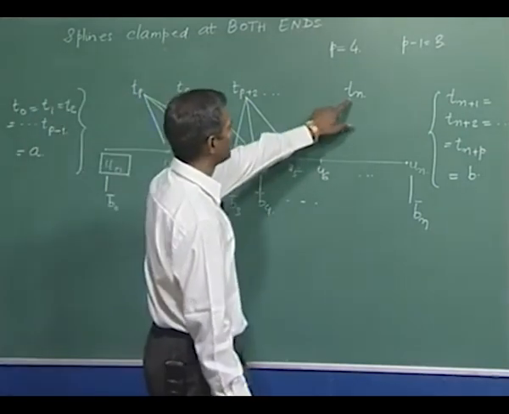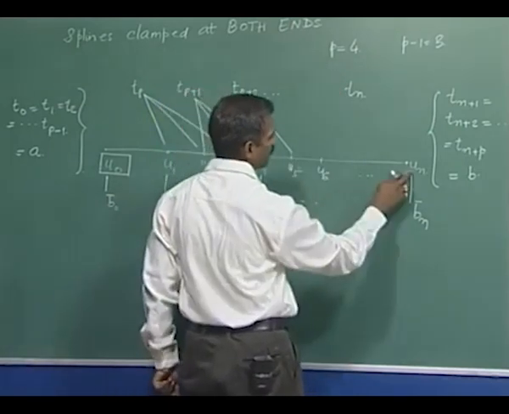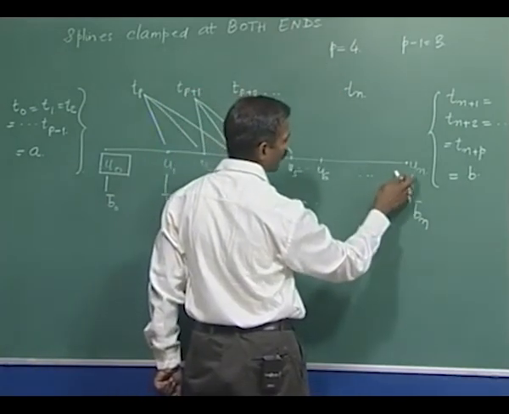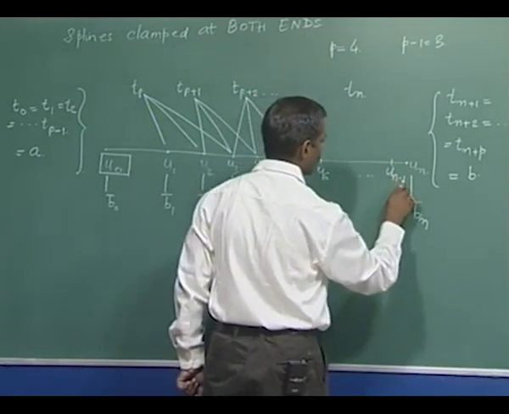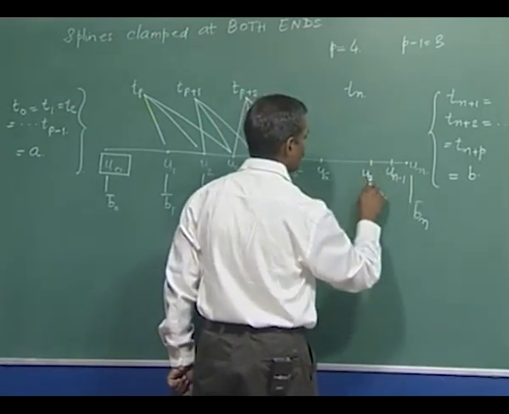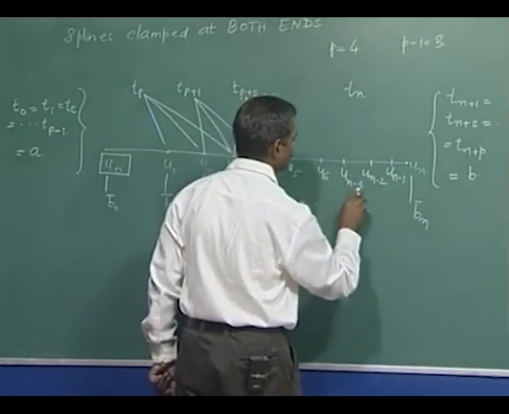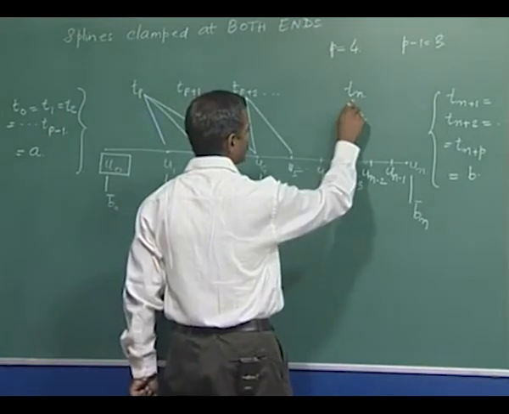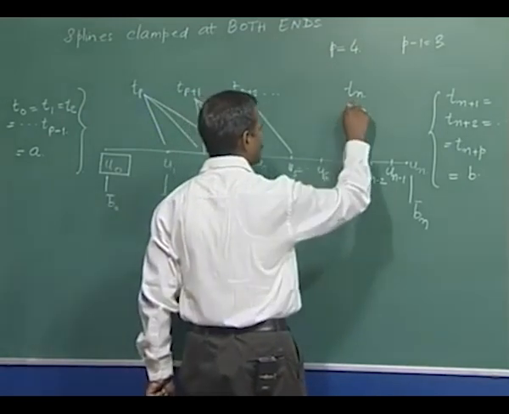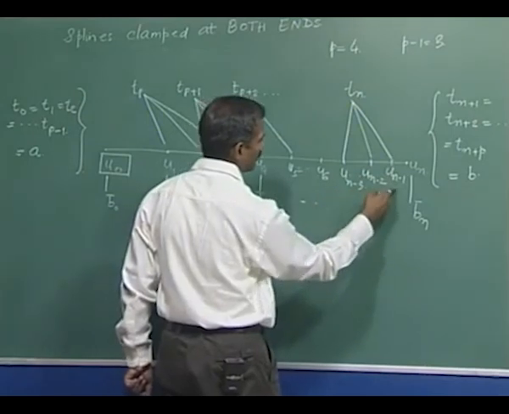How about for Tn? For p equals 4, let's say I don't use u of n. Instead, I use un minus 1, un minus 2 and un minus 3. So to compute Tn, I'll simply be performing the average of these 3 parameter values.